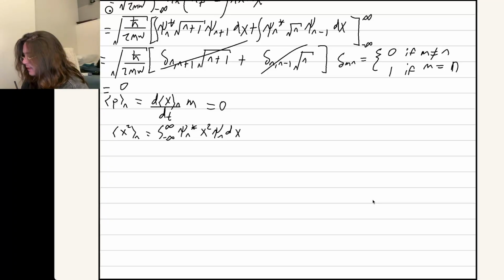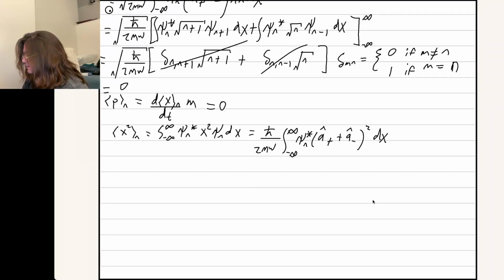We have to expand x into the cool definition where the radical gets squared, so we have an overall factor of h bar over 2m omega, integral over all space psi n star a plus plus a minus squared, acting on psi n dx. And we'll expand the square.